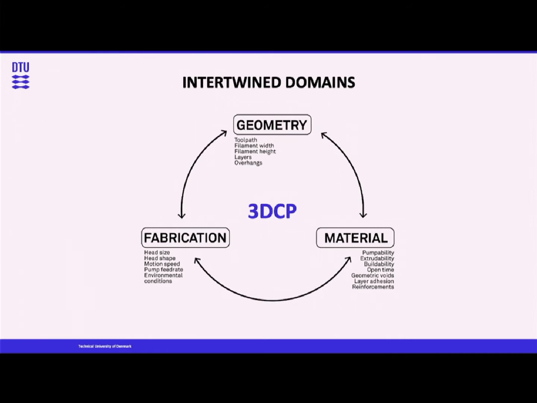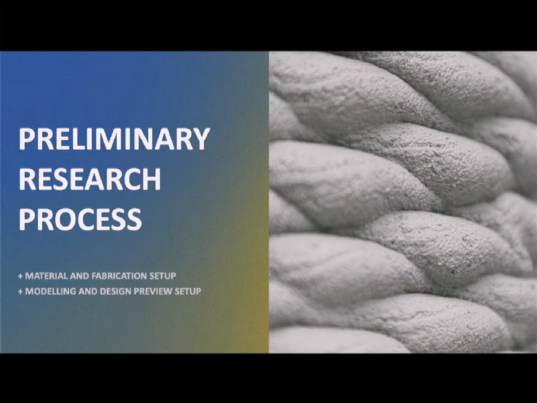So we need to see fabrication, material, and geometry as one process, and 3D concrete printing needs that even more, because all the parameters that define the geometry are influenced by and will influence both the fabrication and how we use the material.